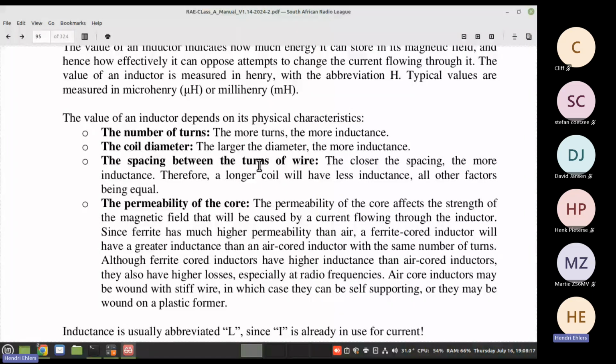Air core inductors may be wound with a stiff wire, in which case they are self-supporting, or you can use a plastic bobbin as a former to wind, and you'll see that typically with antennas, because the coil that you have at the bottom is not necessarily stiff enough to support the radial that sticks out at the top.